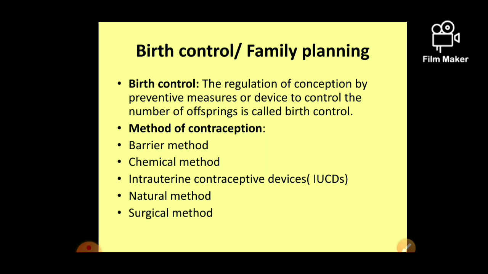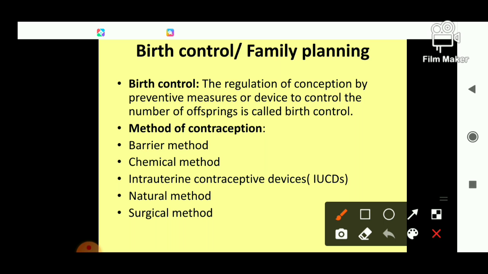So, birth control is the regulation of conceptions by preventive measures or devices to control the number of the offspring. What is the meaning of contraception?